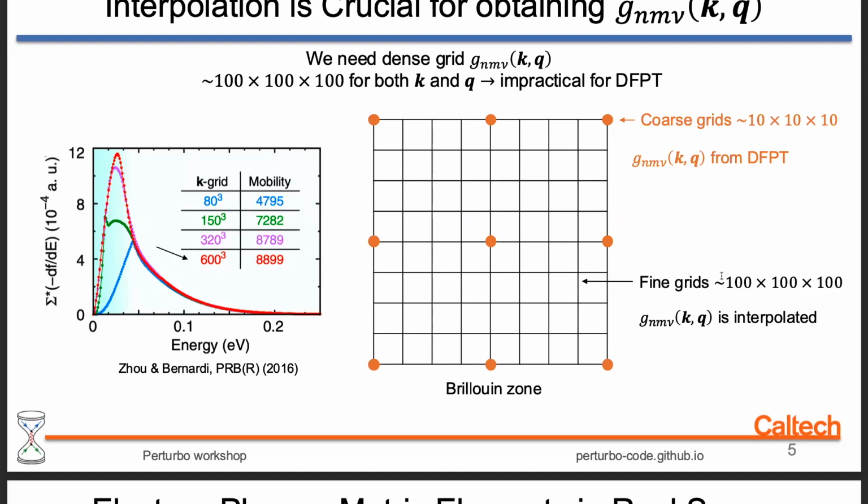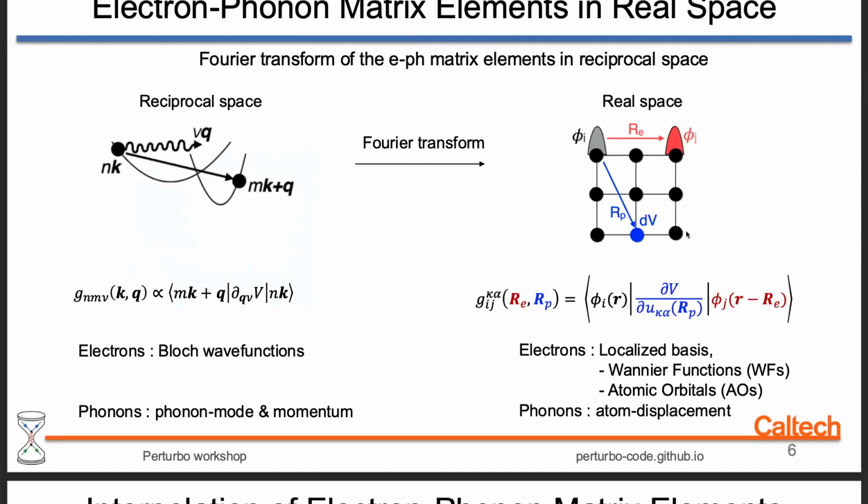But you'll see, for example, this is the electron energy resolved contributions to transport and the total mobility for, I think, gallium arsenide. You can see it takes well over 100 k points, something like 600 k points, to really converge it. So clearly that's not practical for DFPT. This really illustrates why interpolation is necessary.